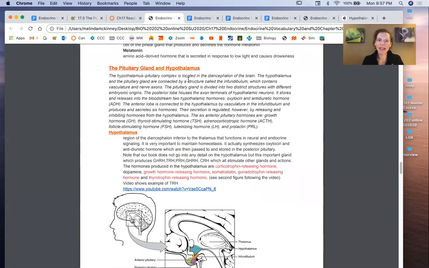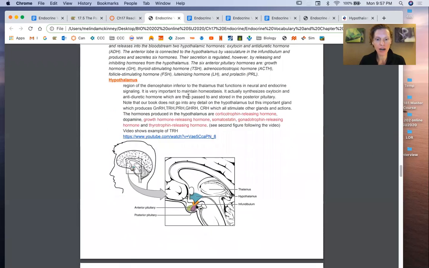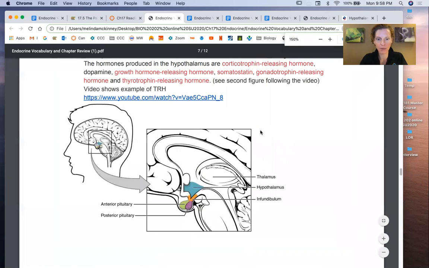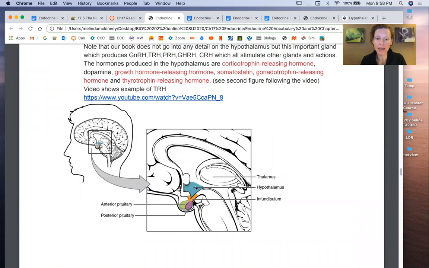So the pituitary gland and the hypothalamus. This one is pretty complex. So the image here, the hypothalamus is, let me try to blow that up a little bit more. The hypothalamus is superior to the anterior and the posterior pituitary.